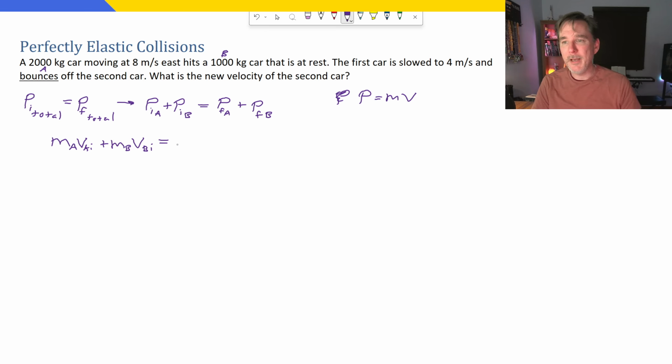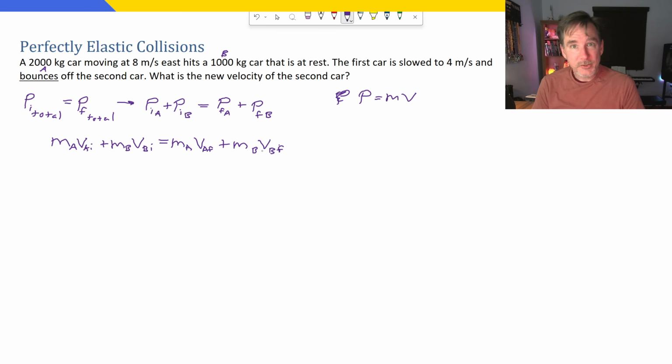Their masses don't combine. The mass of car A times car A's final velocity plus the mass of car B times car B's final velocity. See what we're doing here?